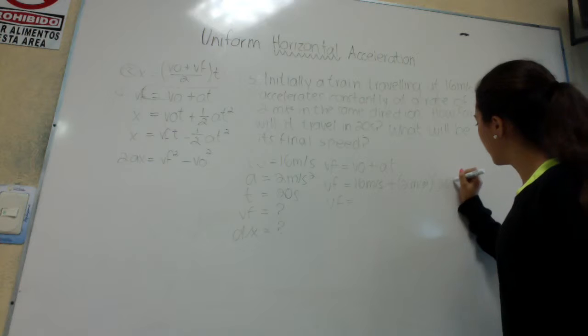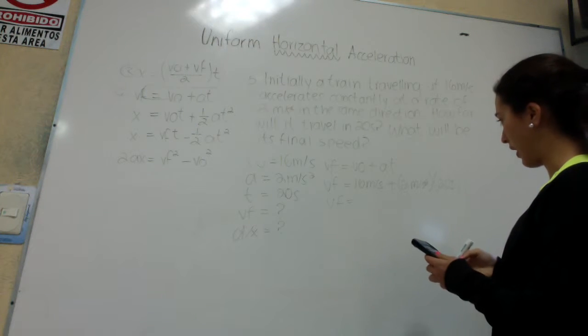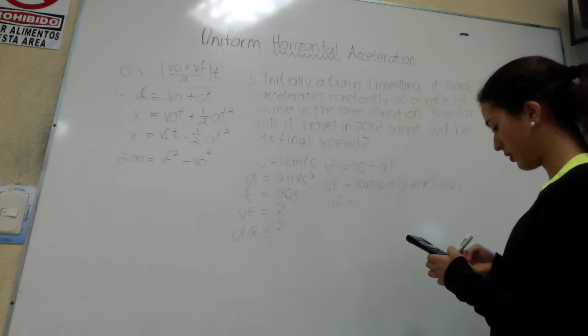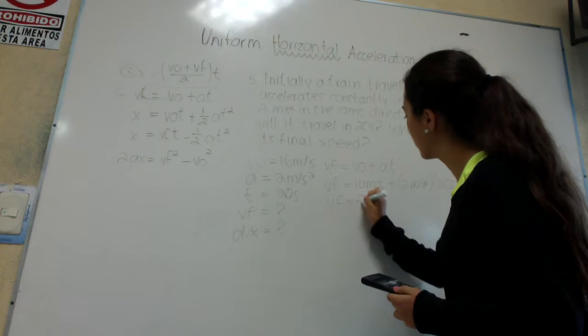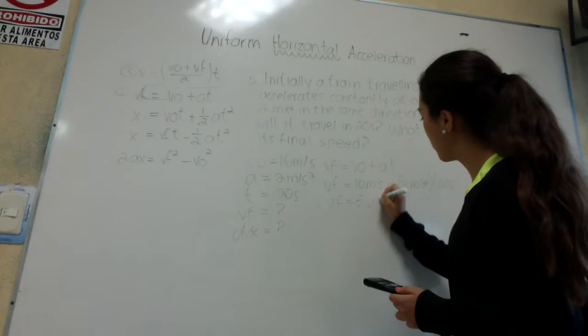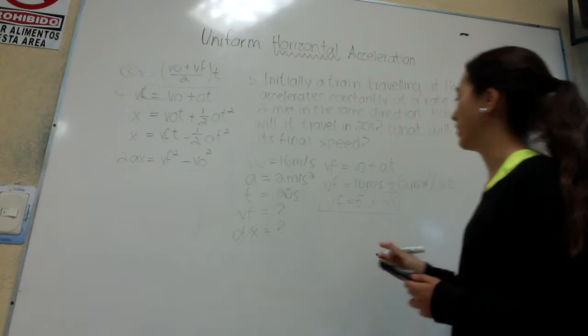Here it's second over second, so we eliminate. And we have 20 times 2, plus 16, that is 56 meters per second. And this will be the final velocity.